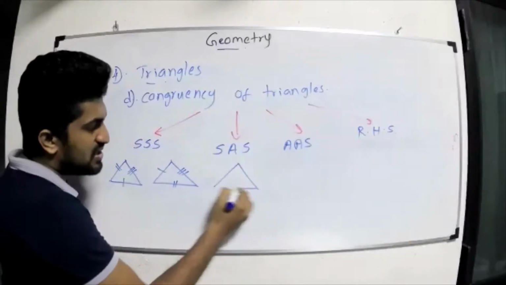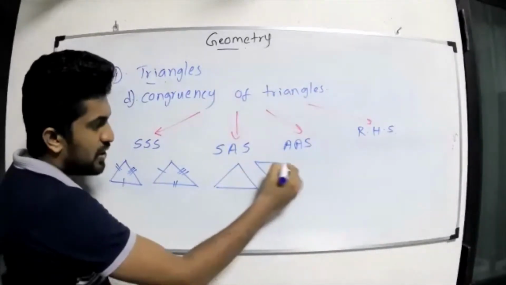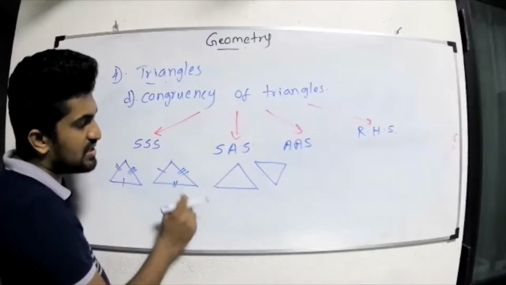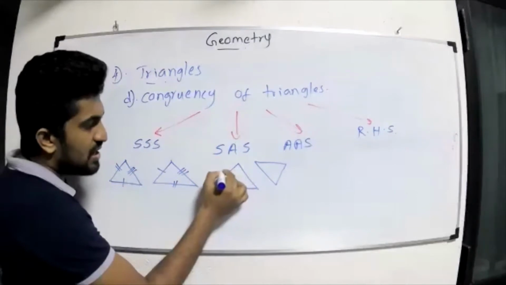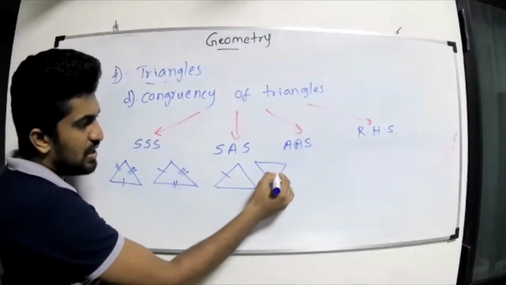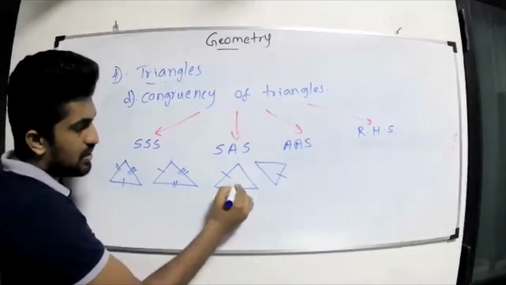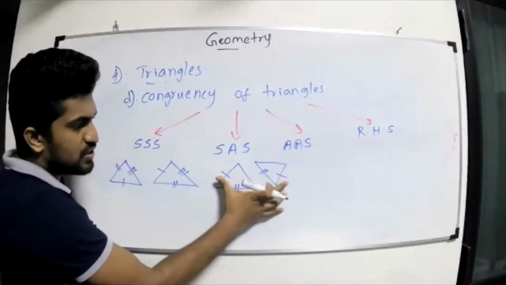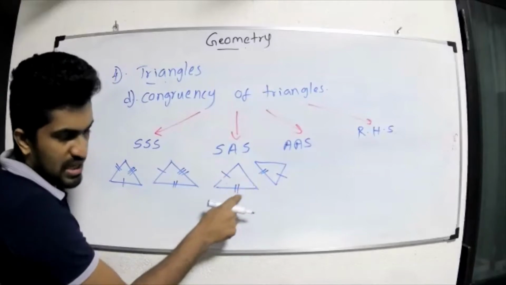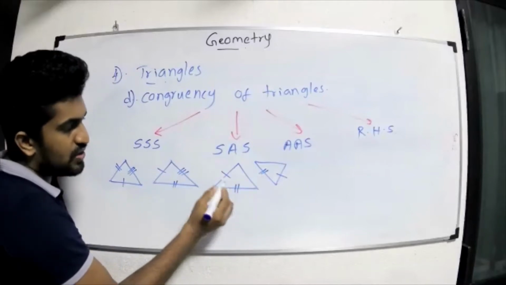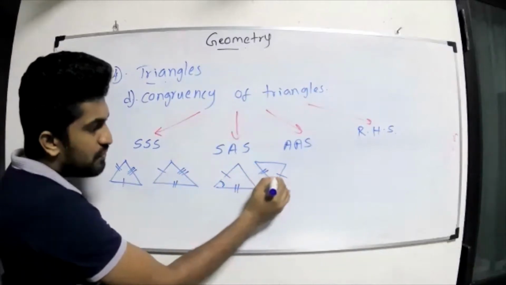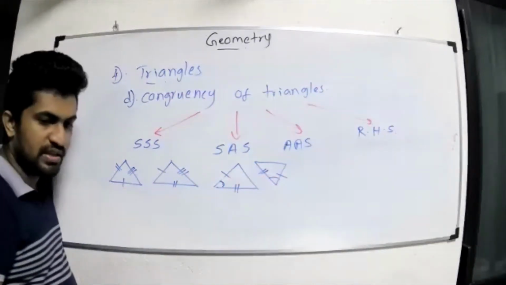Side angle side means there is a special thing you have to consider. To be congruent in side angle side, if this is the equal angle, and if these two sides are equal, then this angle should be the angle in between two equal sides.